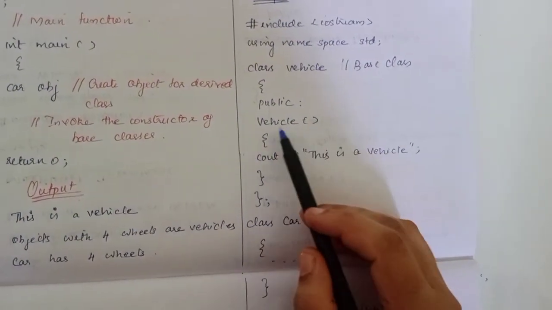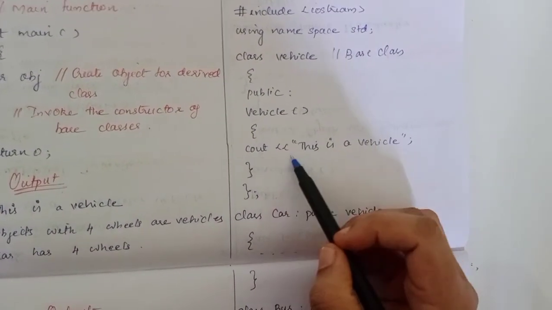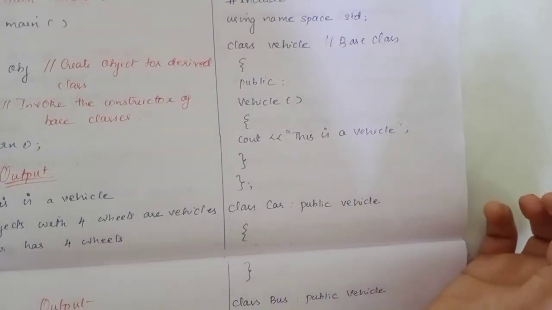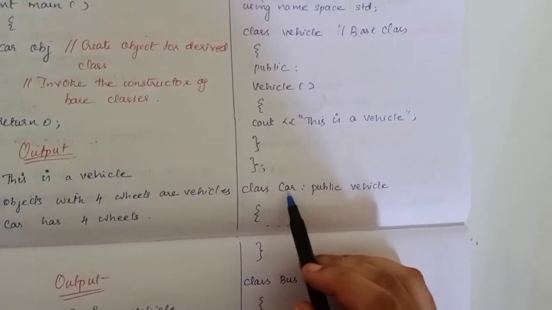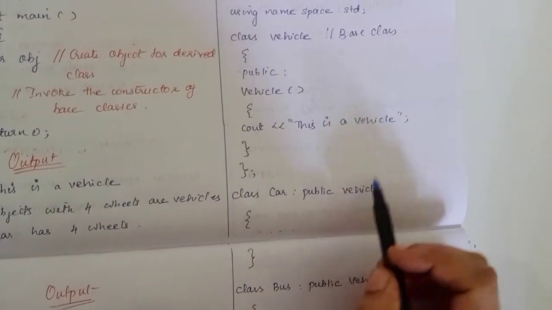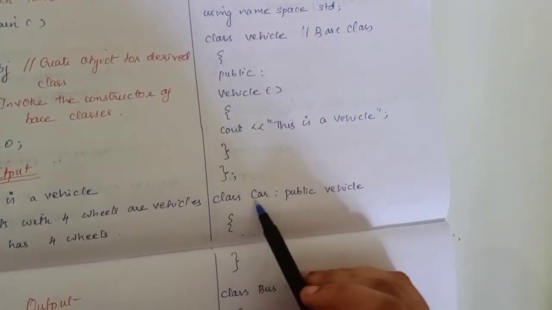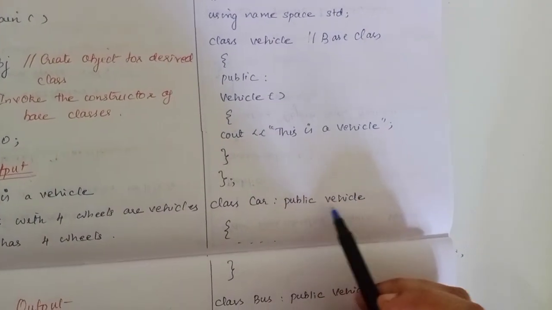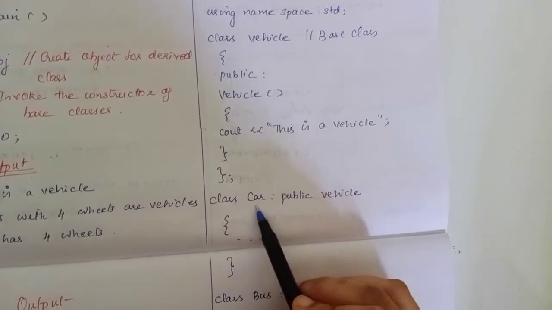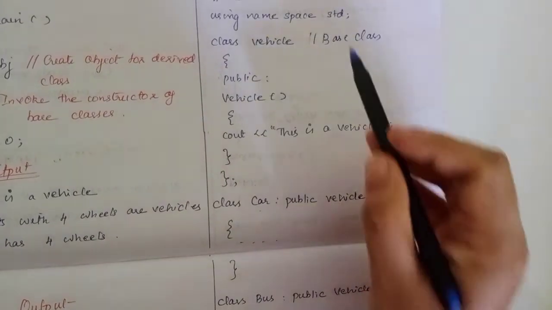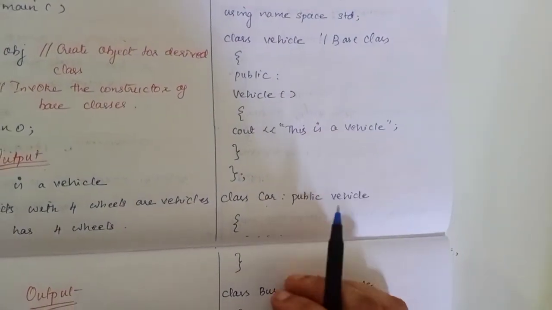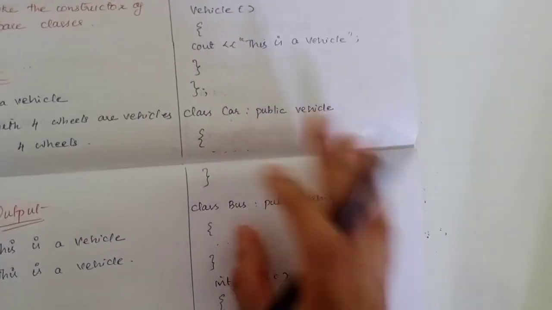Inside that there is a constructor vehicle. Cout this is a vehicle. The same example. Then I created a derived class of this base class, that is class car public vehicle. So car is the subclass and vehicle is the base class. Then I just keep it empty.